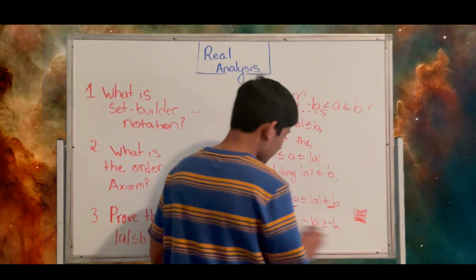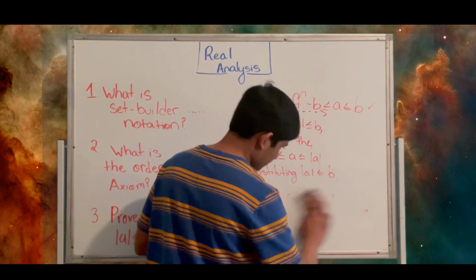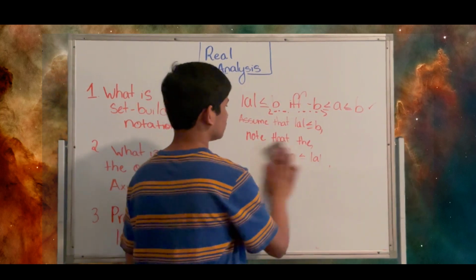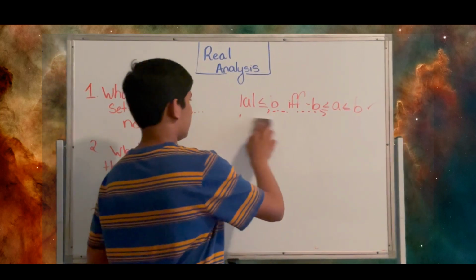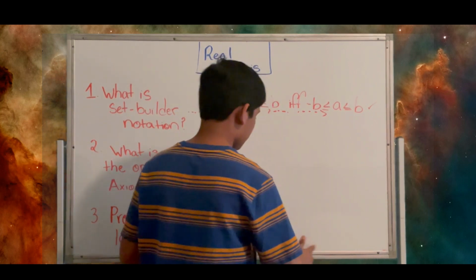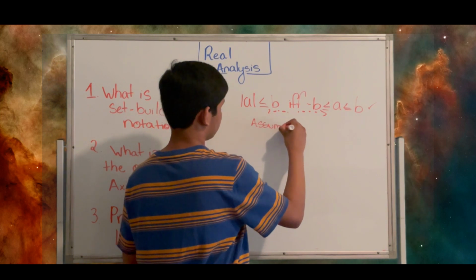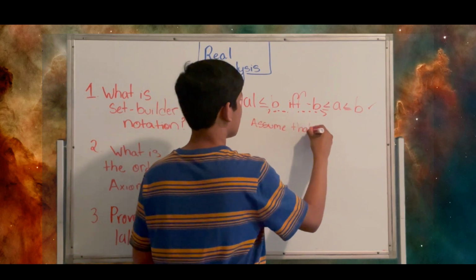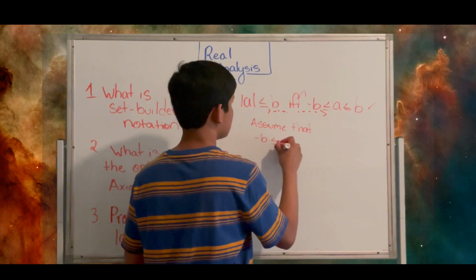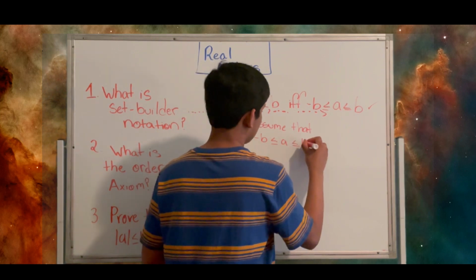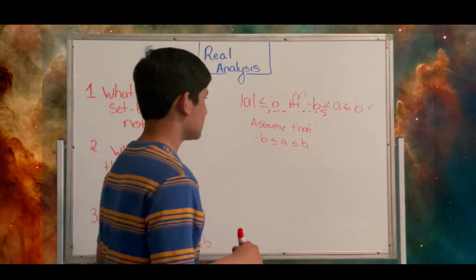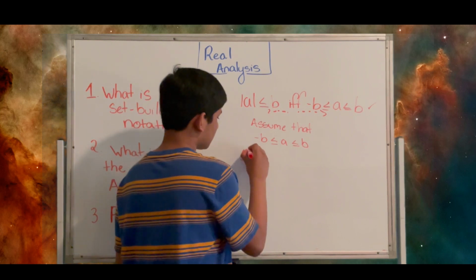So let's prove it in the other direction. Now we're going to assume that negative B is less than or equal to A, which is less than or equal to B. So, case number one.